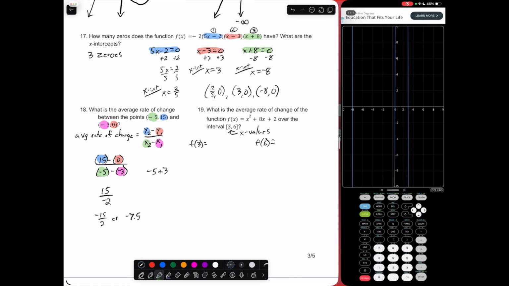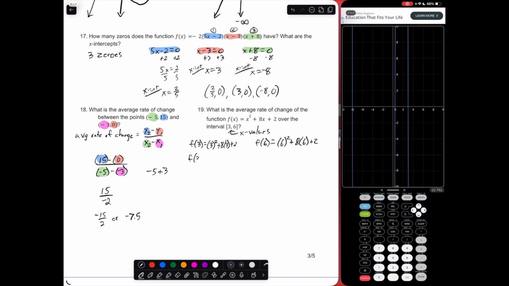So we're going to look at this function and then plug in the 3 and plug in the 6. So this would be 3 squared plus 8 times 3 plus 2. And this would be 6 squared plus 8 times 6 plus 2.